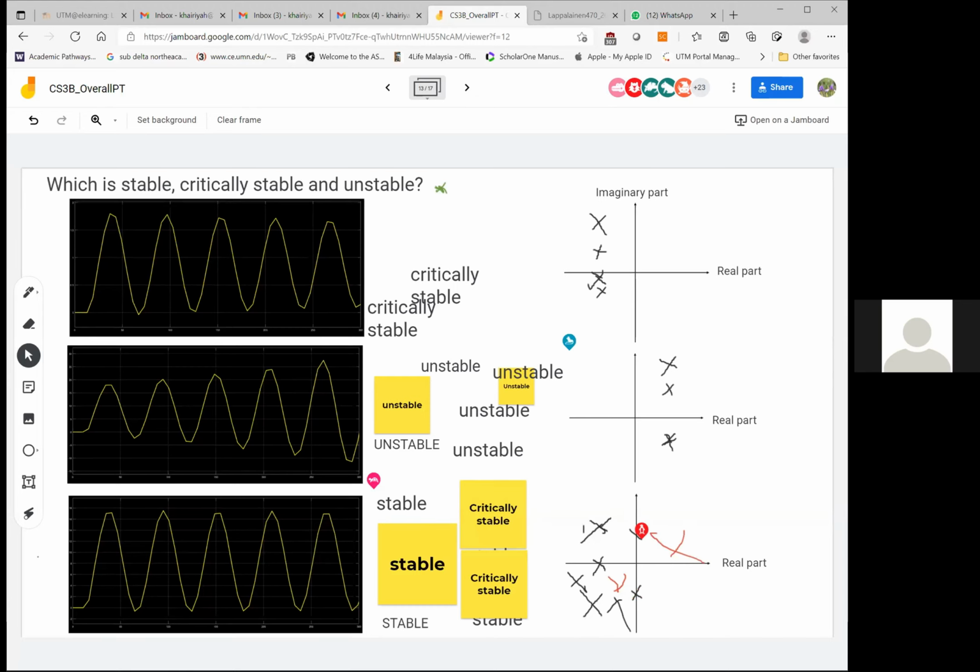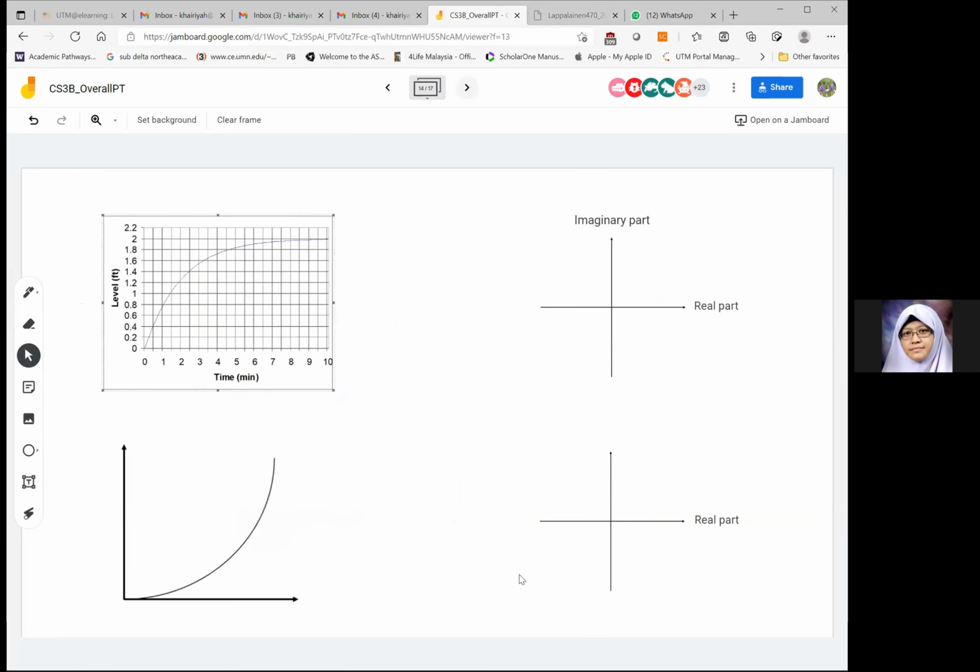Yes. Now, what if, let us look at the next one. Now, what if you have a response like the top graph or the bottom graph? Can you plot the poles? Okay, now there's several poles.